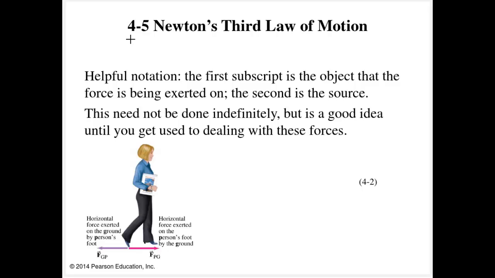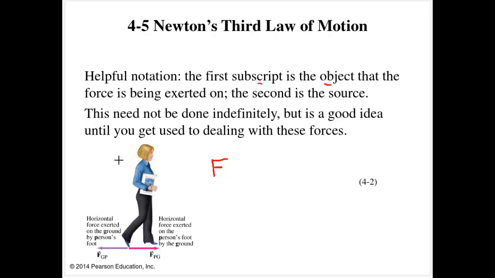One helpful notation to look at when we consider Newton's third law of motion is to write it such that we're using subscripts on our forces, where the first subscript is the object the force is being exerted on, and the second is the source.